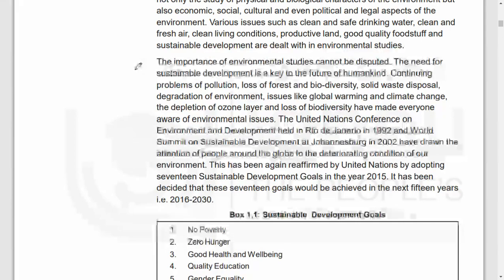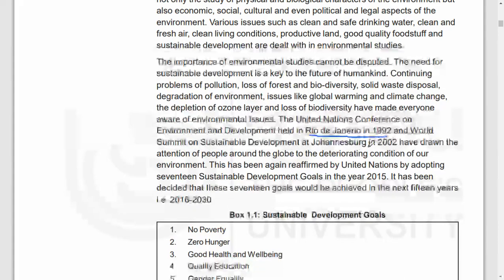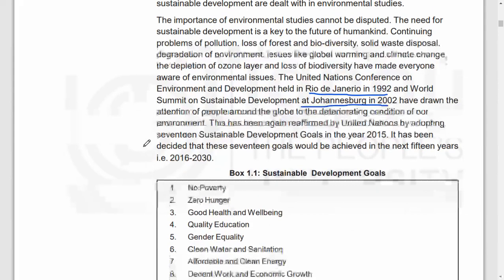The United Nations Conference on Environment and Development held in Rio de Janeiro in 1992 and the World Summit on Sustainable Development at Johannesburg in 2002 have drawn the attention of people around the globe to the deteriorating condition of our environment.